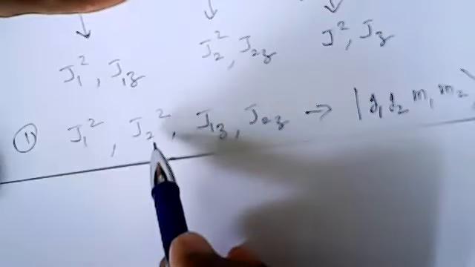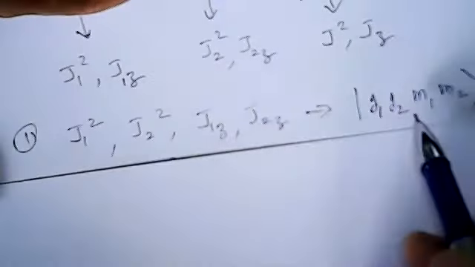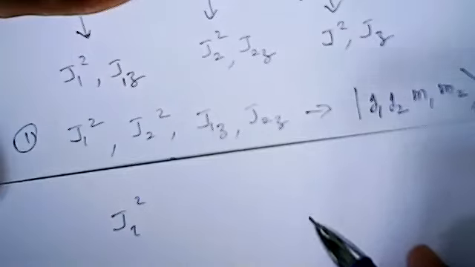First, this one: J1 square, J2 square, acting on this one, that is Ji square. We can write Ji square where i equals 1 or 2.